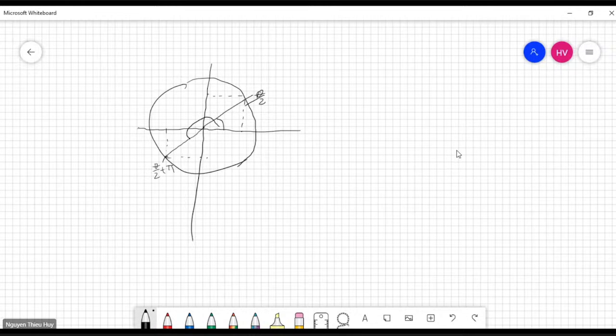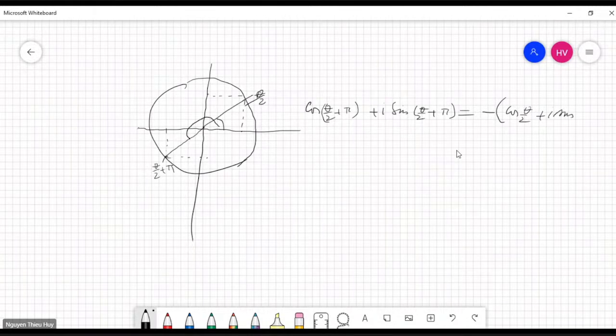So what does this mean? This means cos of theta half plus pi plus i sine of theta half plus pi is simply minus the quantity cos theta half plus i sine theta half, and therefore you obtain the square root.